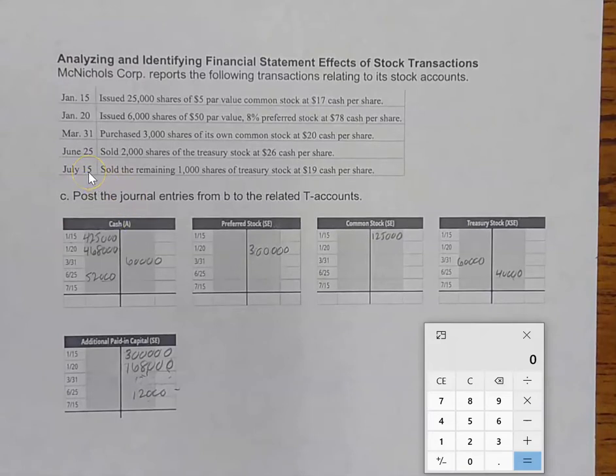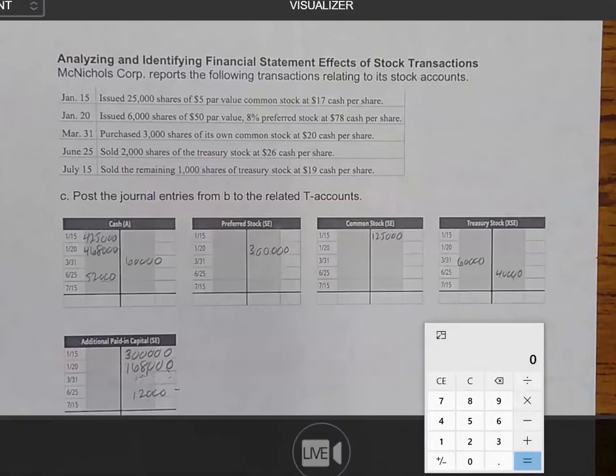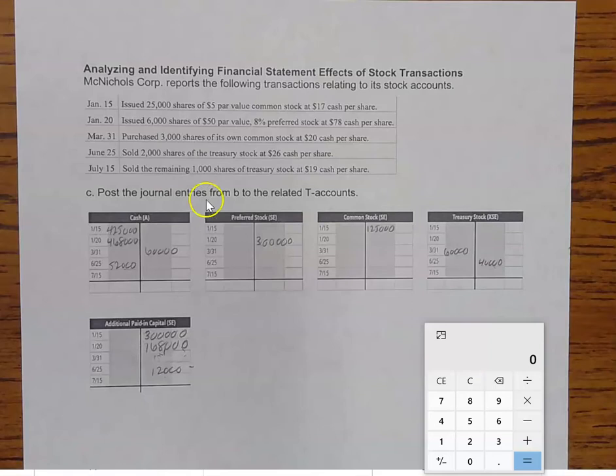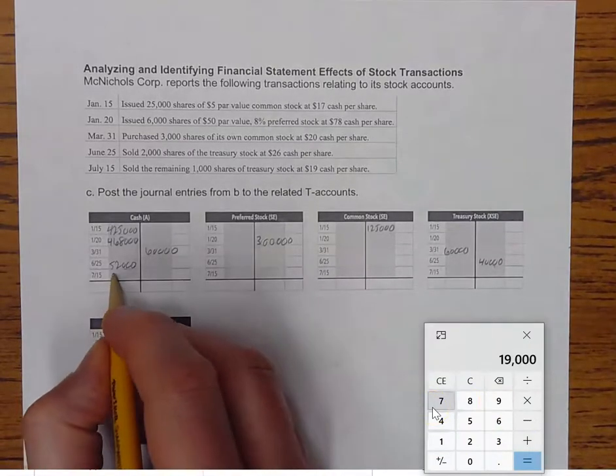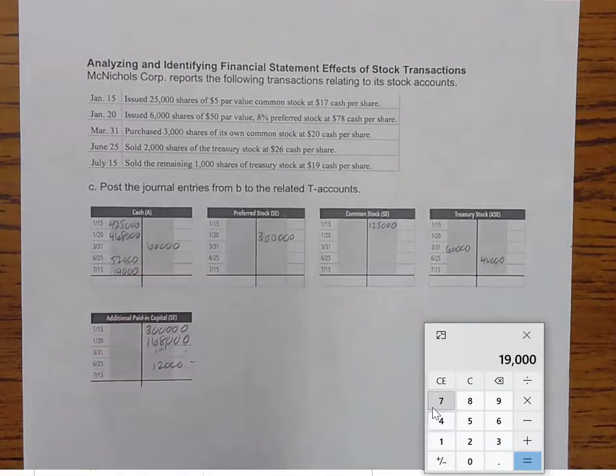Okay, and then on July the 15th, we sold the remaining 1,000 treasury shares for $19 a share. So we're going to take our 1,000 shares times $19. That gives us $19,000. That's the amount of cash that we received. So we're going to squeeze $19,000 in right there. And then we have to reduce our treasury stock.